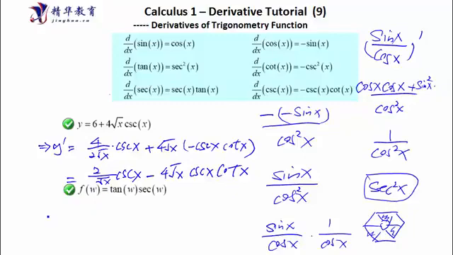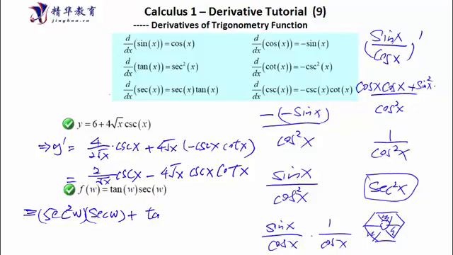Good. The next one is even simpler. We've got tangent w times secant w. The derivative of tangent w is secant squared w. Do not do these things right away; that's the product rule. You see that? Writing secant w as the first function, this is not changing.